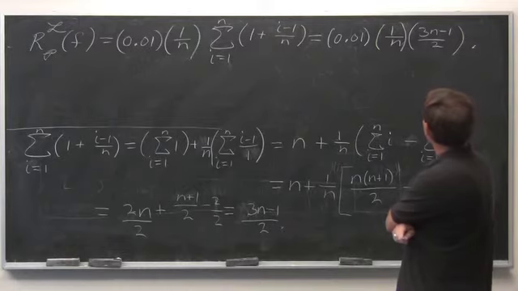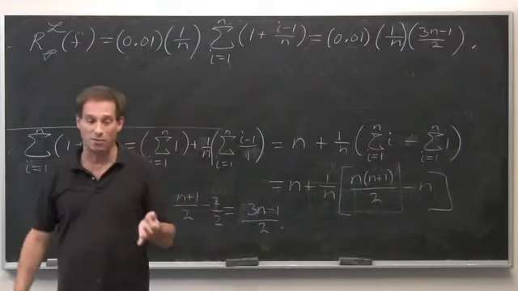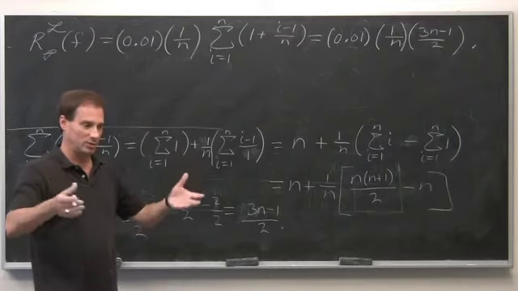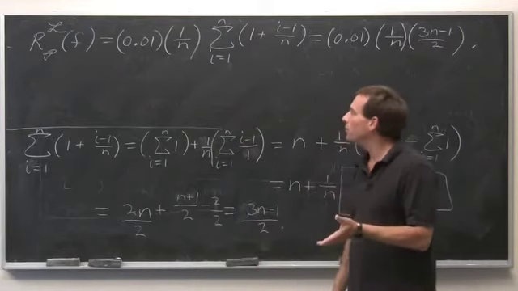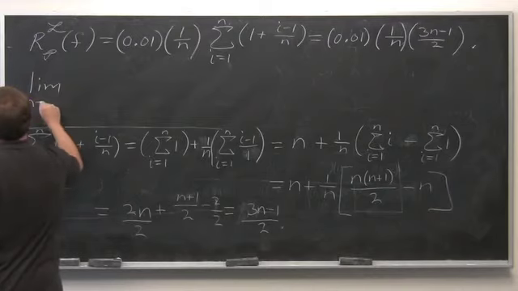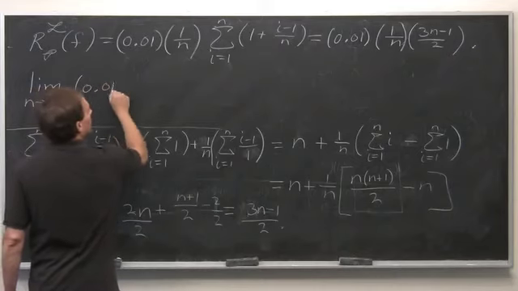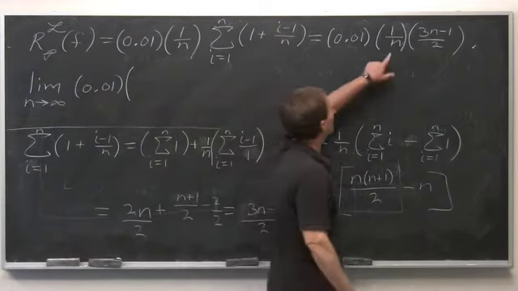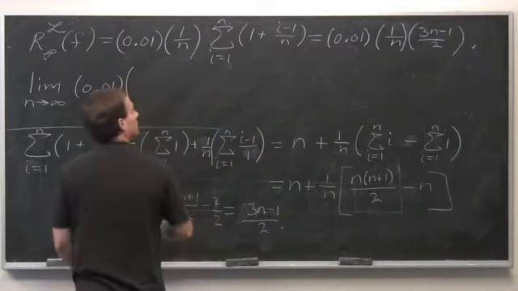What happens here? What you suspect, and what I told you as a theorem, is if you make the subintervals small enough, you can approximate the actual continuous sum, the actual mass, arbitrarily closely, which means what we're interested in is the limit, as n goes to infinity, of 0.01 times, and now I'm going to use this 1 over n and divide it into each of the terms in the numerator.